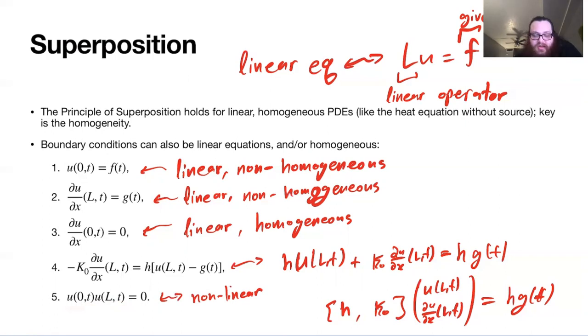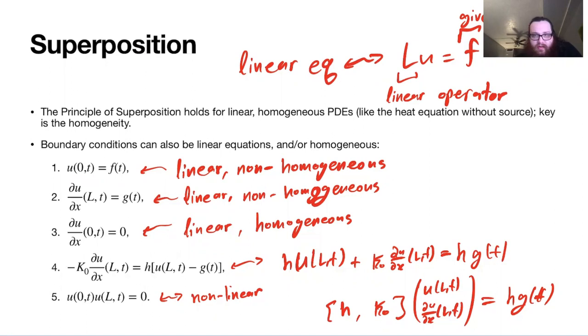So that's it for this. In the next section, we'll actually see this used. The main thing is that we'll be looking at the heat equation with homogeneous boundary conditions and no source.